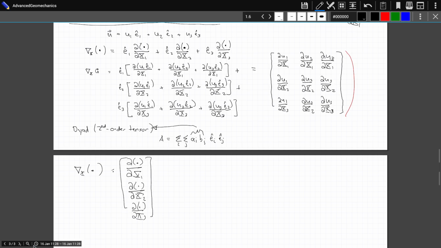By the way, anytime I write a vector symbol, like something with a hat over it, by default I'm talking about a column vector. I guess in this case, the thing there would be a scalar. If the thing that you're taking the gradient of was a vector, then you would result in something like this, right?